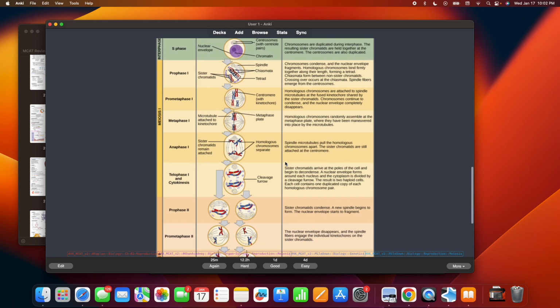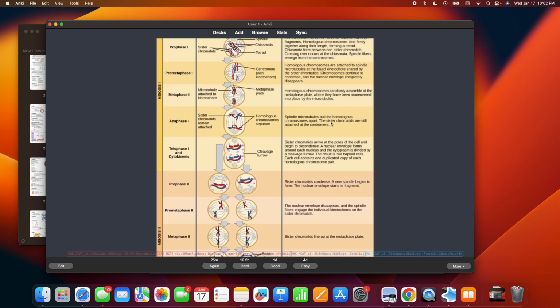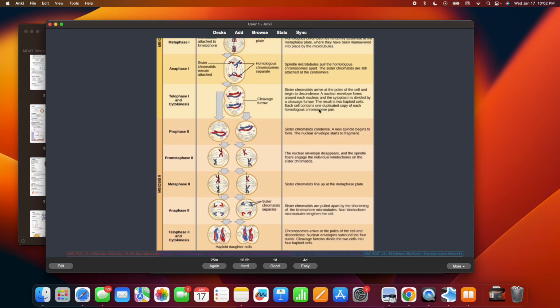Then we have anaphase 1. Spindle microtubules pull the homologous chromosomes apart. The sister chromatids are still attached at the centromere. Sister chromatids remain attached. Homologous chromosomes separate. Then we have telophase 1 and cytokinesis. Sister chromatids arrive at the poles of a cell and begin to decondense.